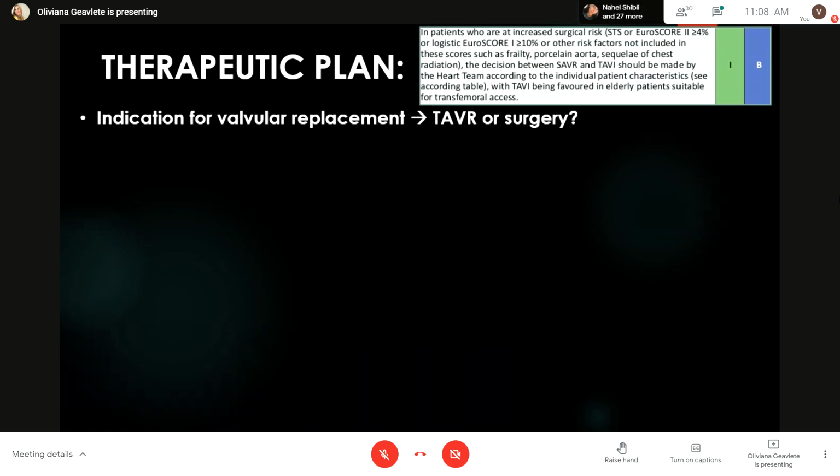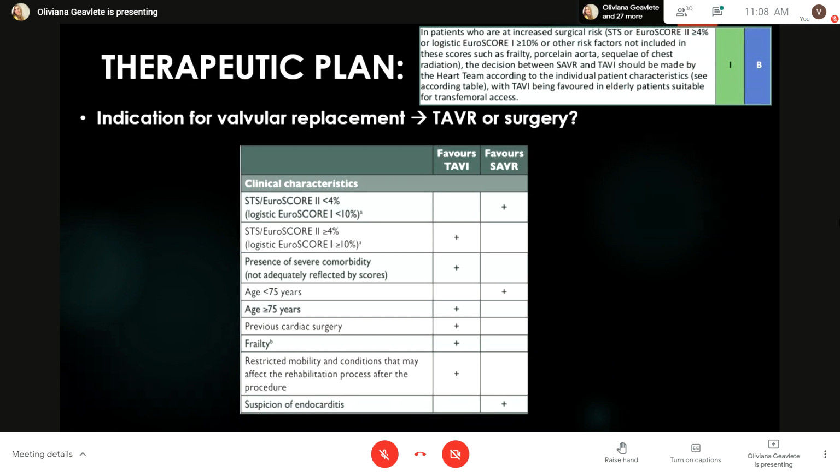So we have the indication TAVR or surgery, and the patient has a EuroSCORE over 10%. She is 80 years old. She was very frail, so these are the reasons we decided for the TAVI intervention.